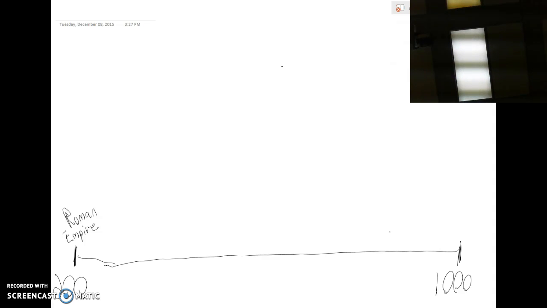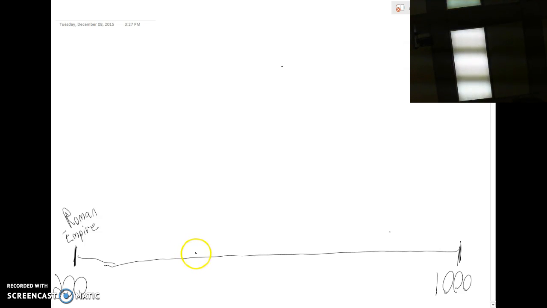So first, two very important changes that happen during this time period with regards to the Roman Empire or political control in the Mediterranean region is first the splitting of the Roman Empire into the Western Roman Empire centered in Rome and the Eastern Roman Empire centered in Constantinople, which would later become known as the Byzantine Empire.